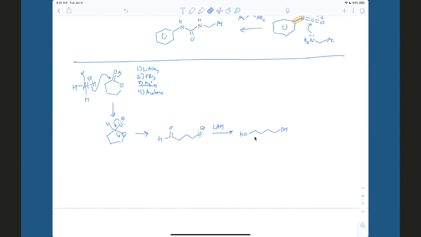This diol with PBr3, we're going to convert it to the bis bromide. I didn't say how much magnesium was there, but we're going to assume excess magnesium. At least that gets us to the right solution.